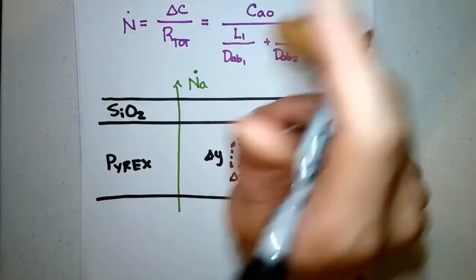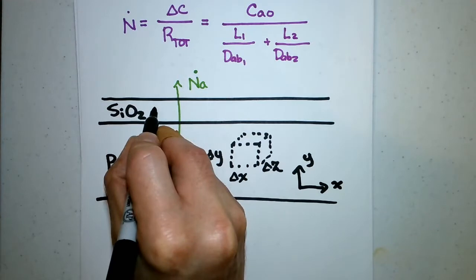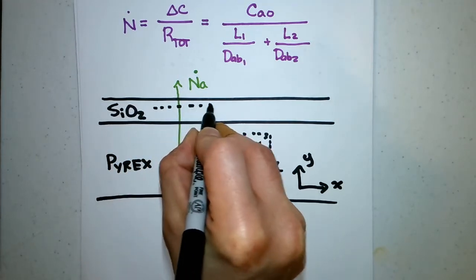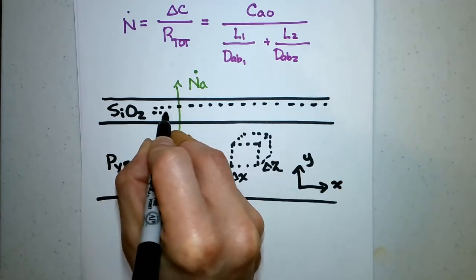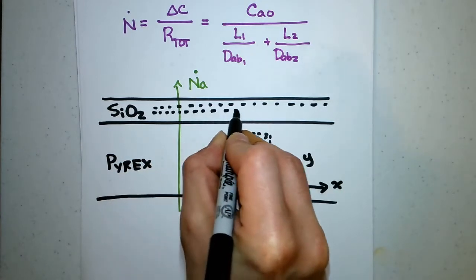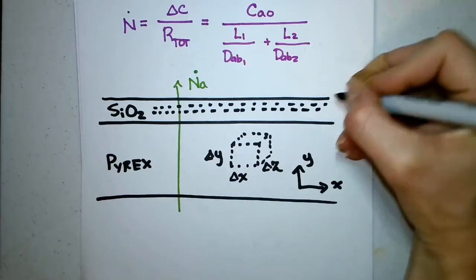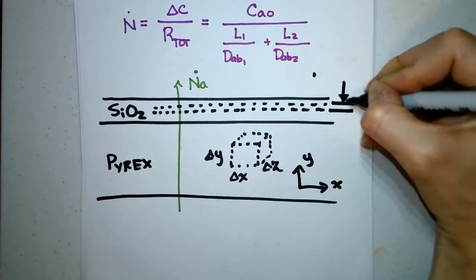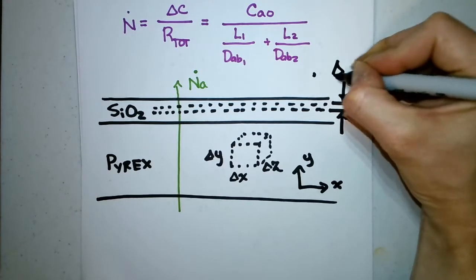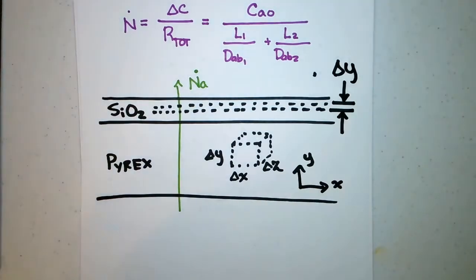What I'm also going to do is set up a control volume that's the entire surface area. But I'm going to make sure that it's really thin in Y. So what I've said is that you need to make sure this volume is really thin in the direction of transport. So I'm going to do that with the SiO2.